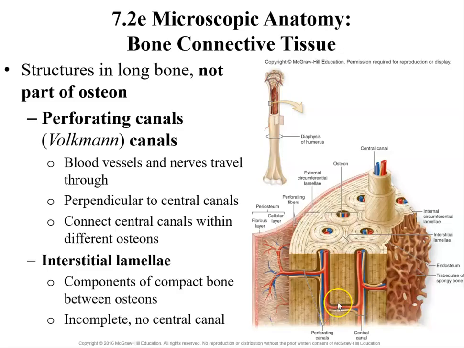It's perpendicular to the central canals, and it connects central canals within different osteons. Then you have interstitial lamellae. That's these rings here, kind of in between the osteons. And they're essentially incomplete osteons that make up this space between the completed osteons.